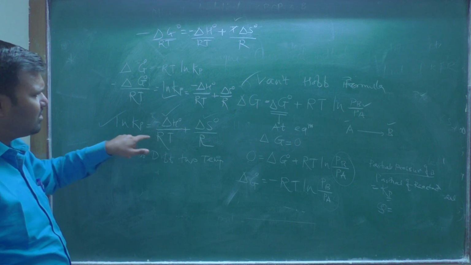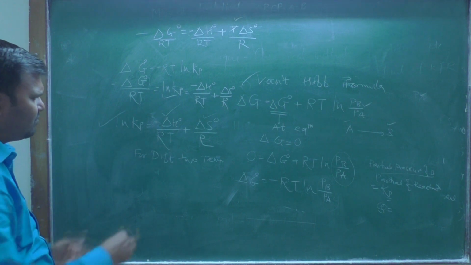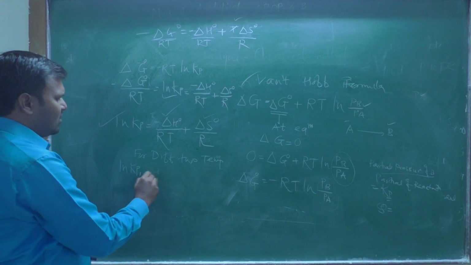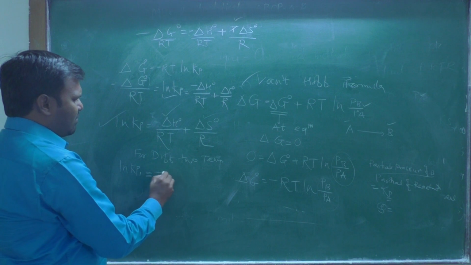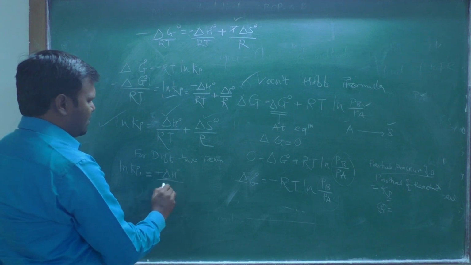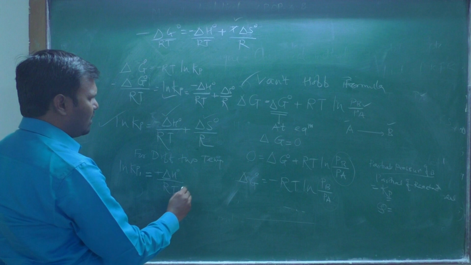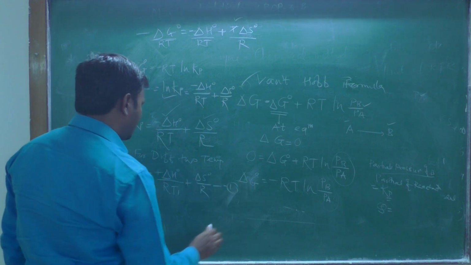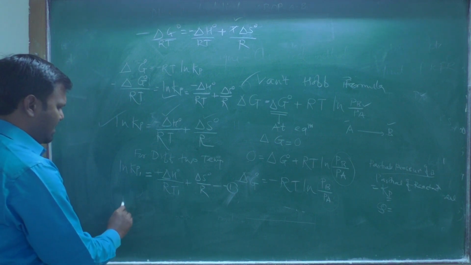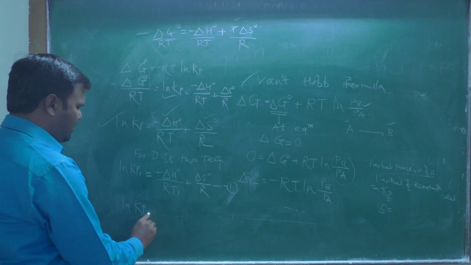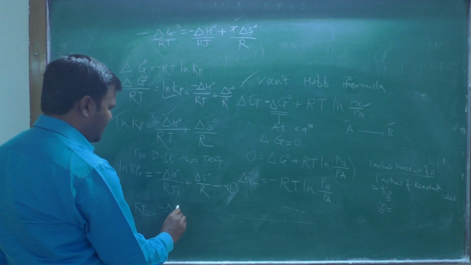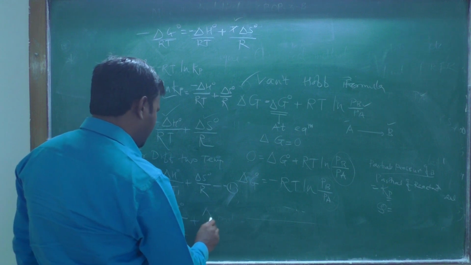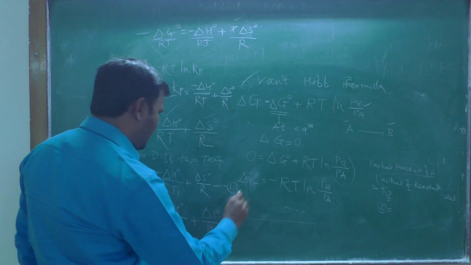Only T is changed, and the Kp value will change if you change T. First, ln Kp1 is equal to minus delta H naught upon RT1 plus delta S naught upon R. This is the first equation, and the second equation is ln Kp2 is equal to minus delta H naught upon RT2 plus delta S naught upon R.